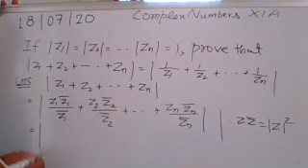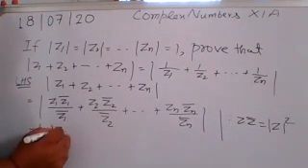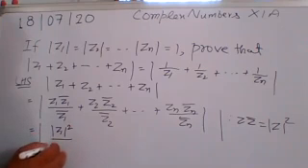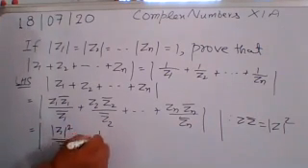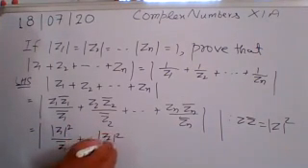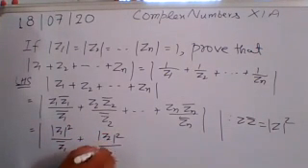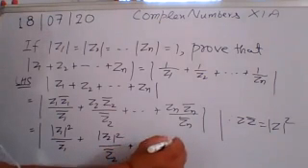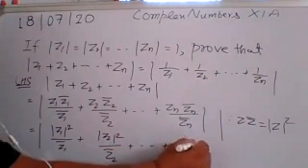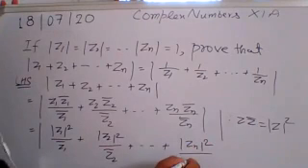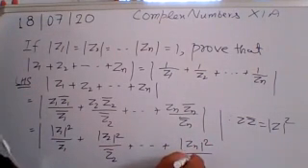So in this step you have mod of Z1 whole square upon conjugate of Z1, plus mod of Z2 whole square upon conjugate of Z2, and your last term is mod of Zn whole square upon conjugate of Zn.